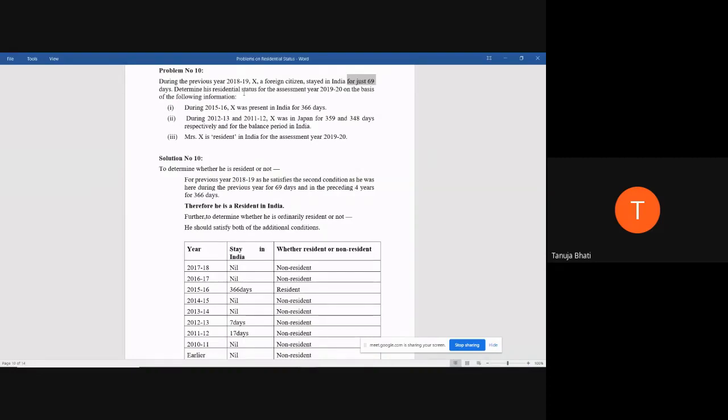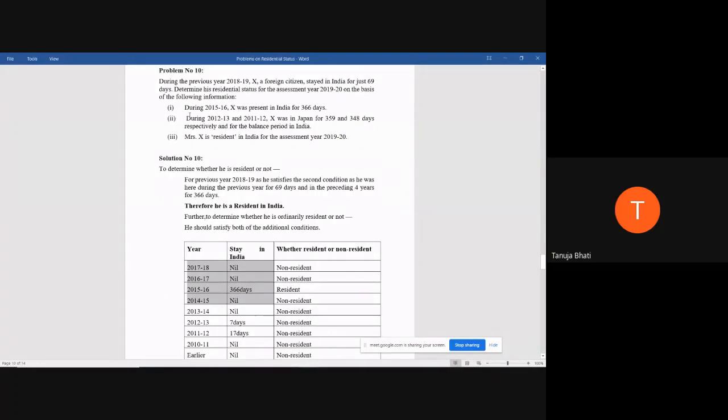So the 4 years before that will be 2017-18, 2016-17, 2015-16, and 2014-15. Correct? Okay. So these are the 4 years immediately preceding the current previous year.